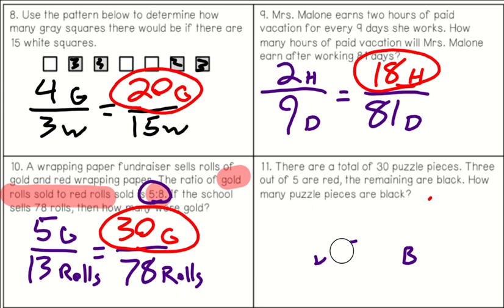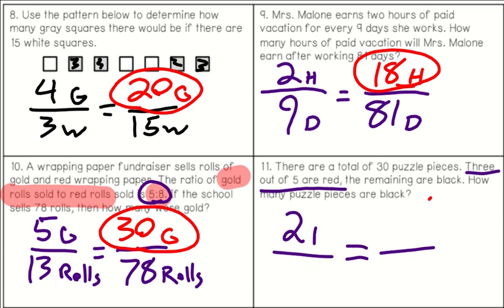All right, so if you're looking at it with red to black, it's not going to work. What you want to do is when you set up the proportion, since it's asking you for black, we got to make sure we're using black. So if 3 out of every 5 are red and the remainder is black, how many are black? 2. So we got 2 black. It's out of 5. 5 is the total.